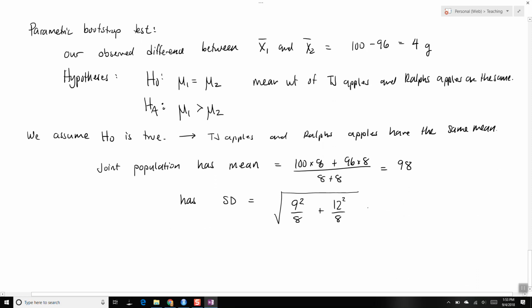I apologize. This is so we're combining variances and dividing by the total standard deviation.